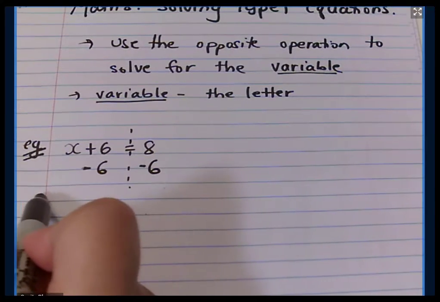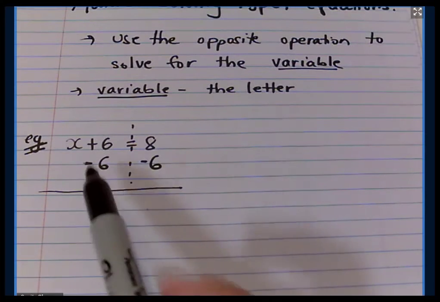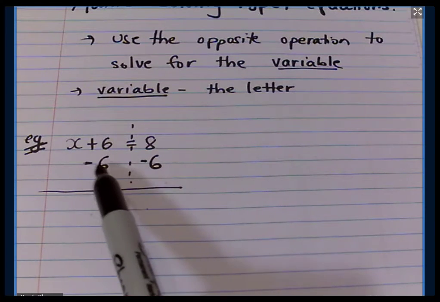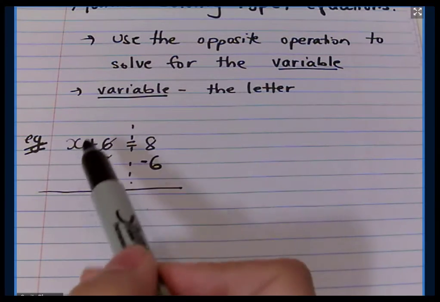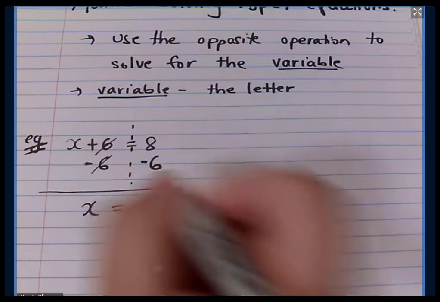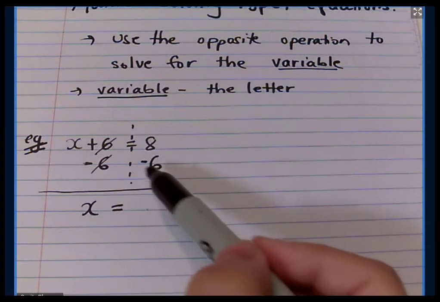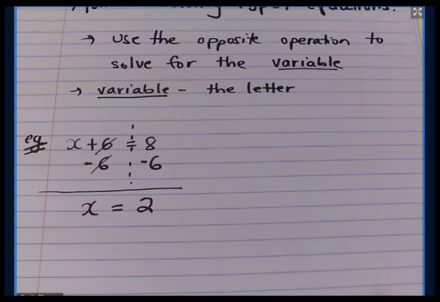Then I draw a line here to start the next step. Here, 6 minus 6 cancels out, and we're left with x on the left-hand side. So x is equal to 8 minus 6 on the right-hand side, which is equal to 2.